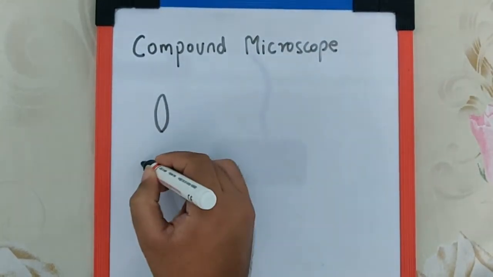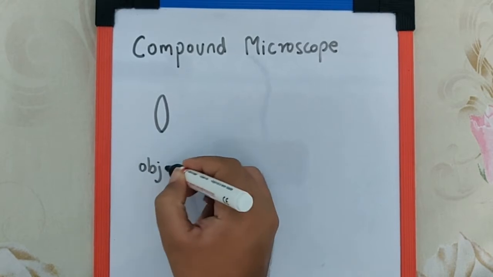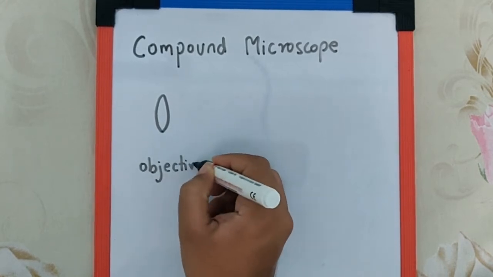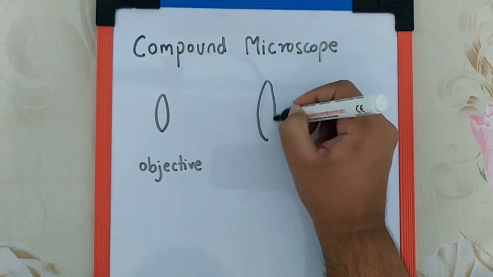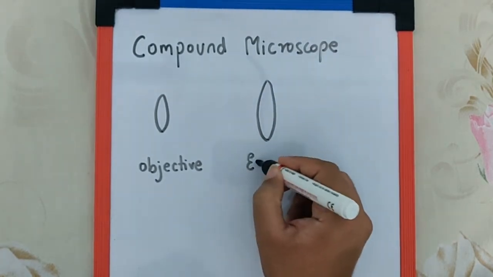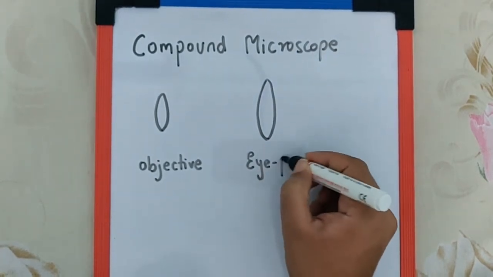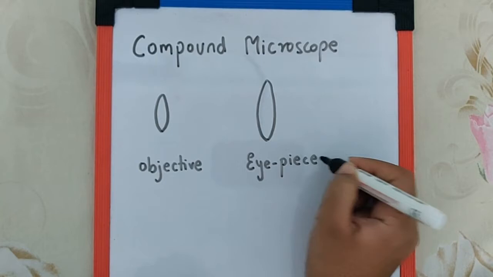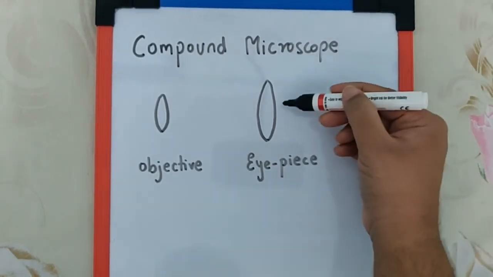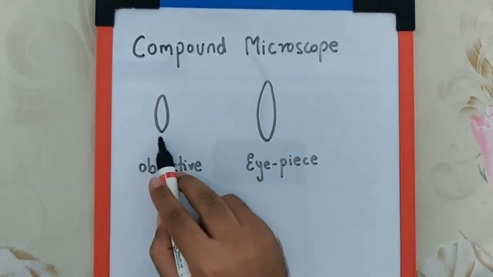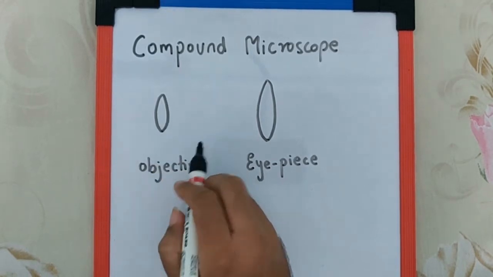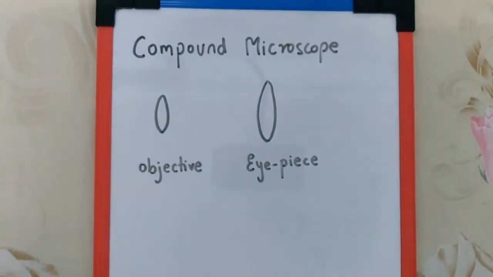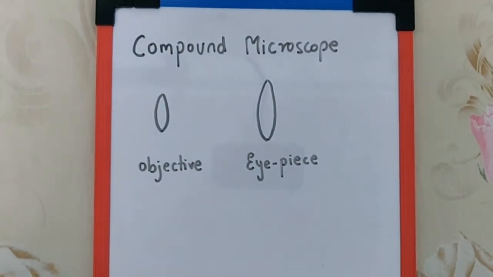One is the objective, the other one is the eyepiece. And here the eyepiece will always be larger than the objective, because generally the compound microscope is used to see very small and tiny objects in the magnified version.